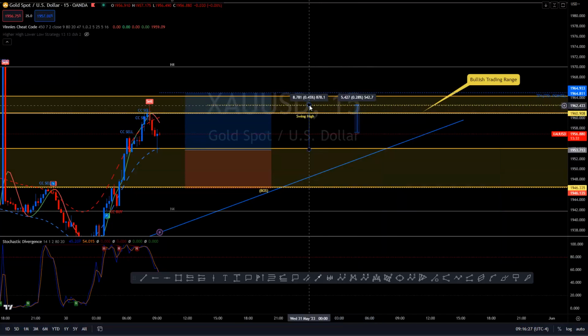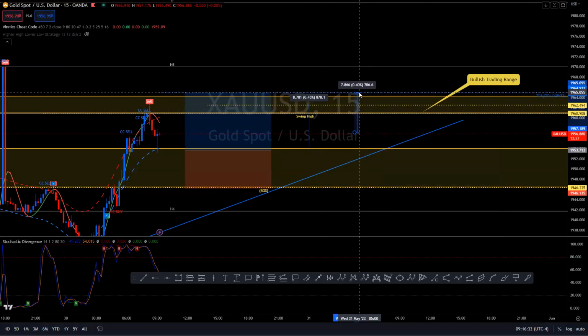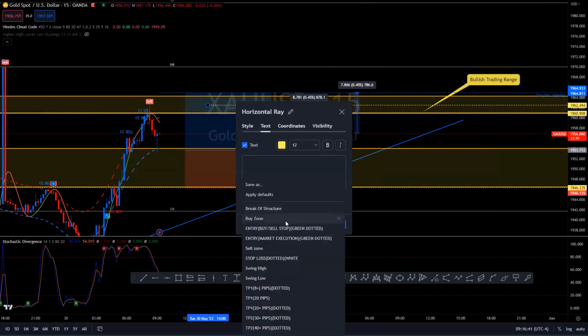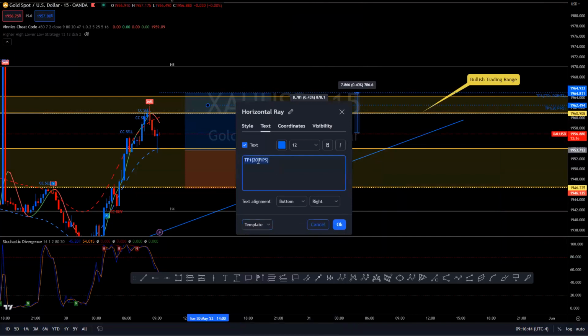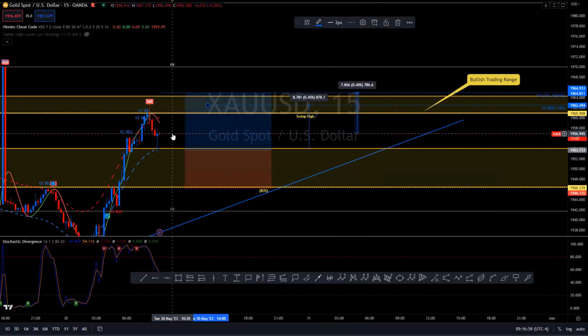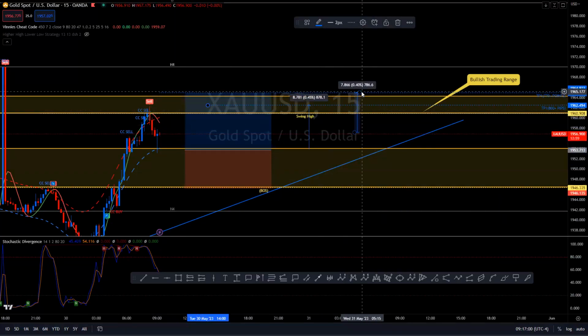That's what I want to kind of shoot for. I might shoot in this candle and maybe buy all of it to here.